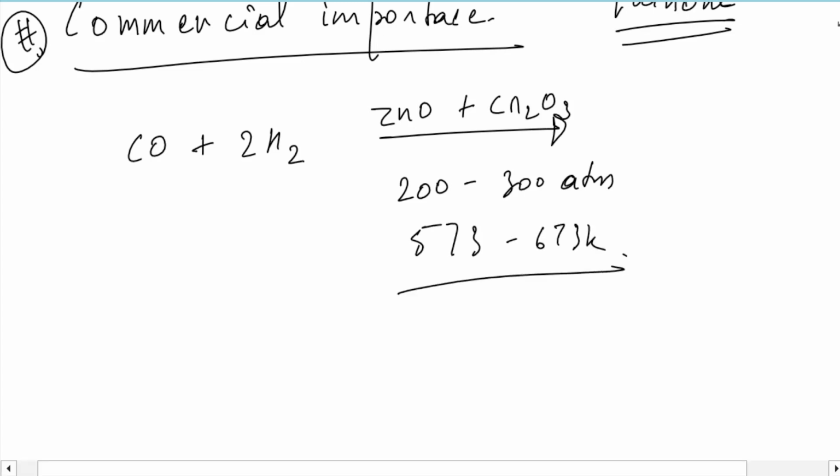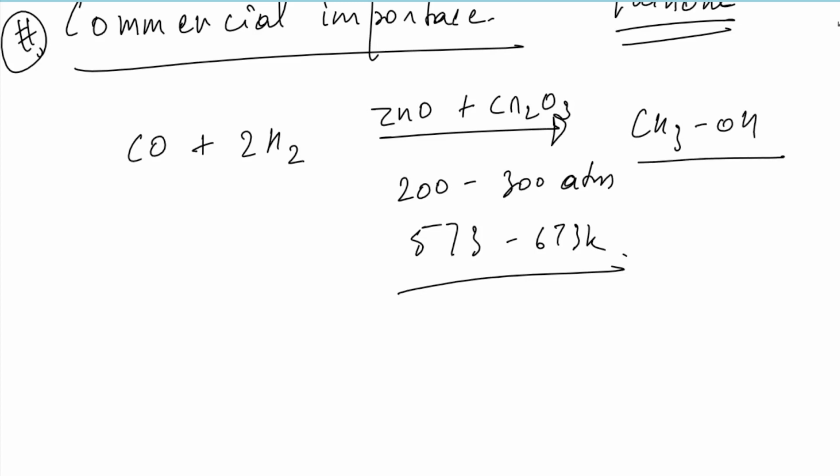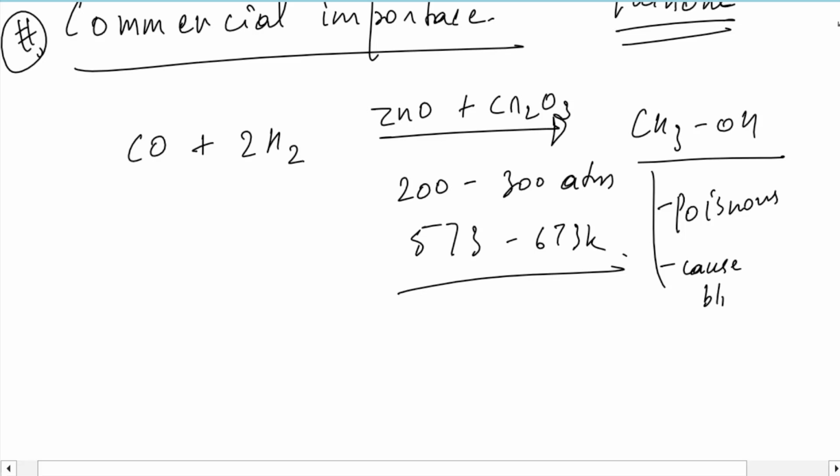This is the pressure we have to give, 200 to 300 atm, and the temperature will be like 573 Kelvin to 673 Kelvin. And this will form methanol. This methanol is highly poisonous and it can cause blindness, and it is also used in paints.